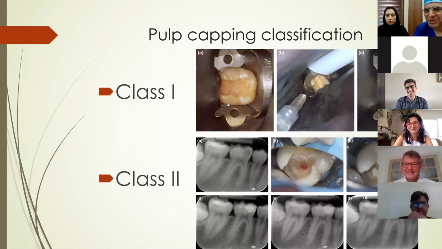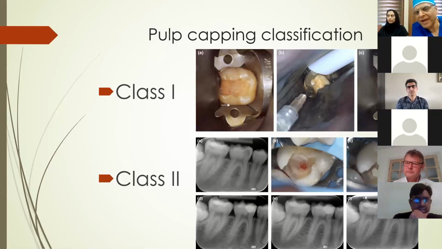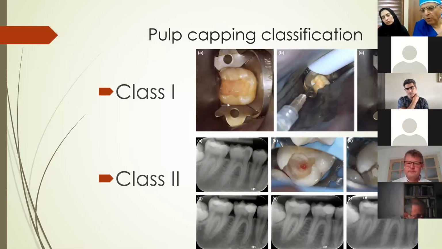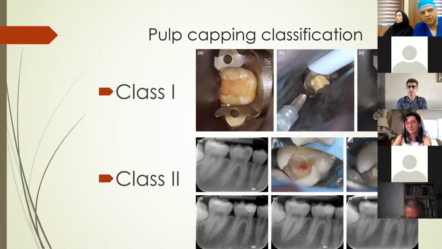So, I'm going to ask Venki to answer a very important question. Do you think that if we want to create some new evidence in the future, the etiology is important or the outcome is important? Because sometimes we confuse the outcome and the etiology in terms of extension of the caries. Some people say that root canal treatment is not good because we have very poor outcomes such as vertical fracture.